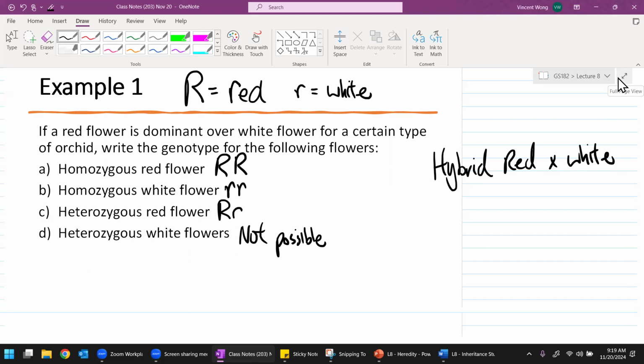Because there's only one way to be white, which is pure. So I don't have to tell you the condition for the white flower. You have to know, since it's recessive, it can only be little r, little r. But I have to tell you about the red, whether it's hybrid or pure, because there are two possibilities, right?